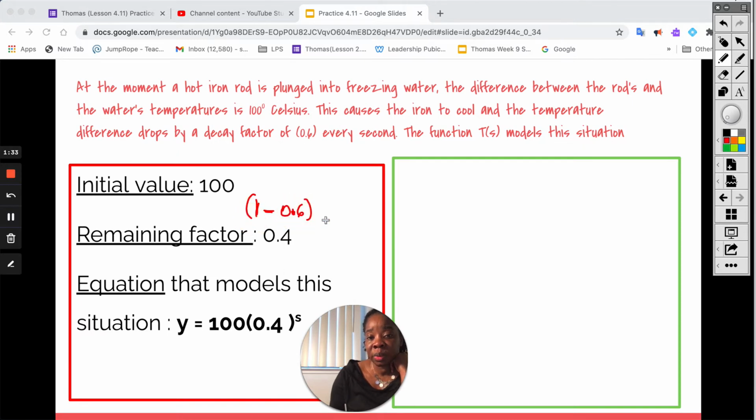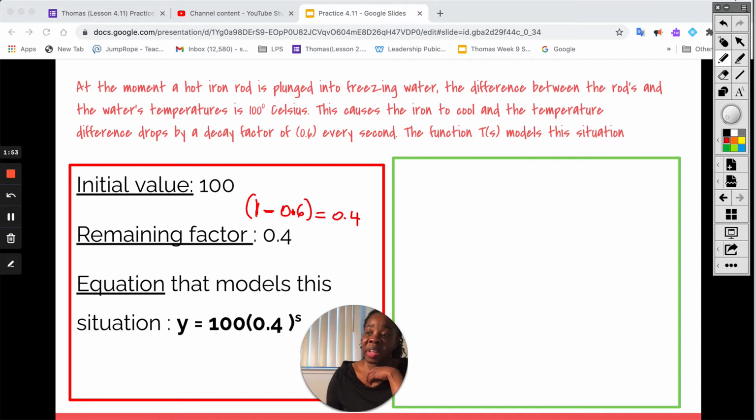So 1 minus 0.6, which is how we're getting the 0.4 here. Therefore, the equation that models the remaining temperature after each second is y equals 100 times 0.4 raised to the s.